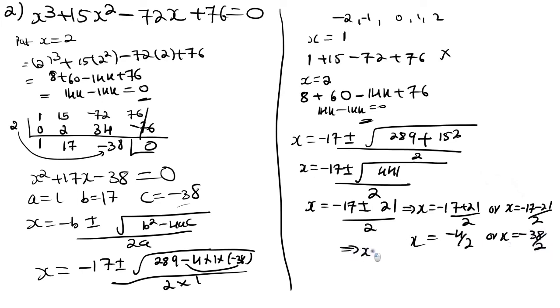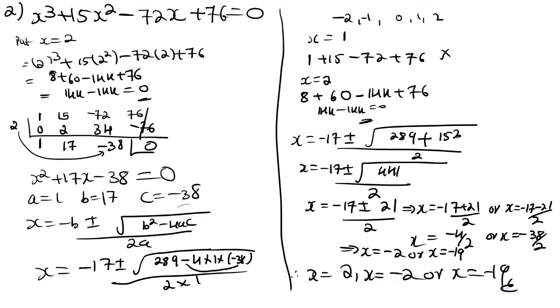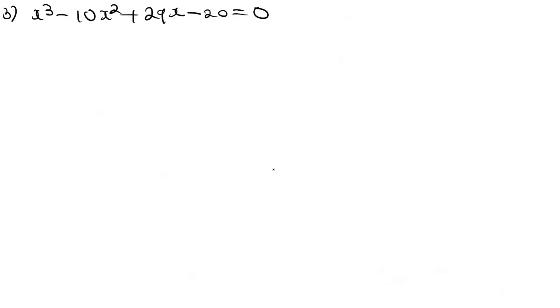This implies x value is equal to 2, or x value is equal to minus 19. Okay, therefore possible values of x are 2 or minus 19.